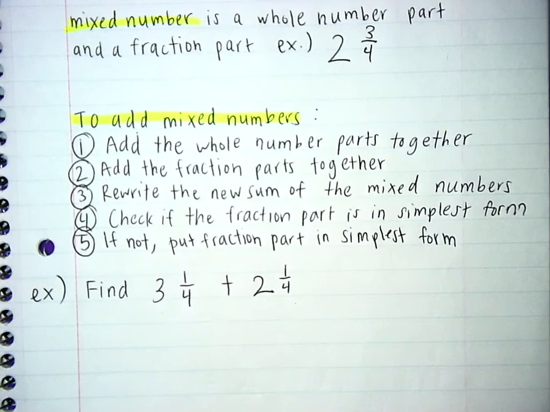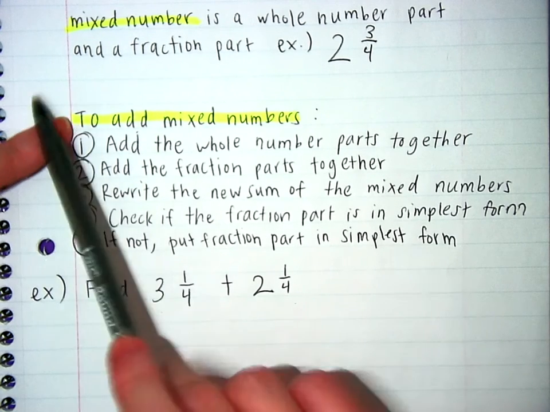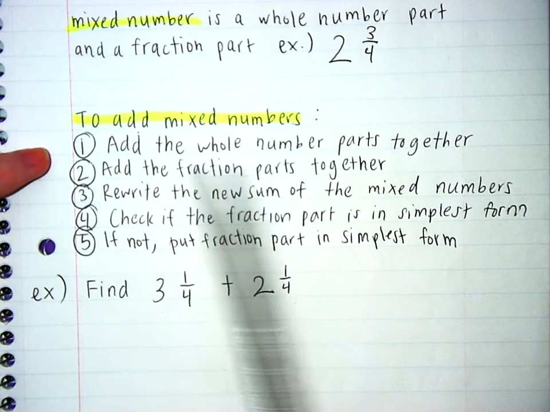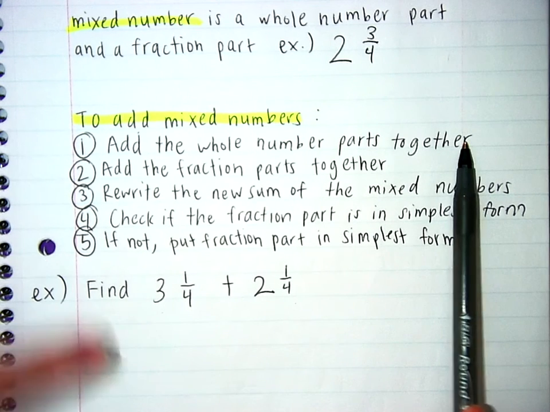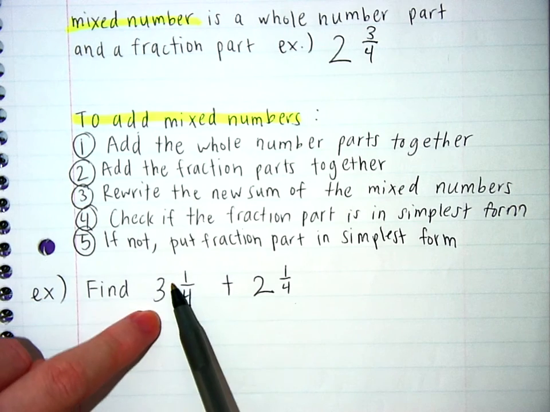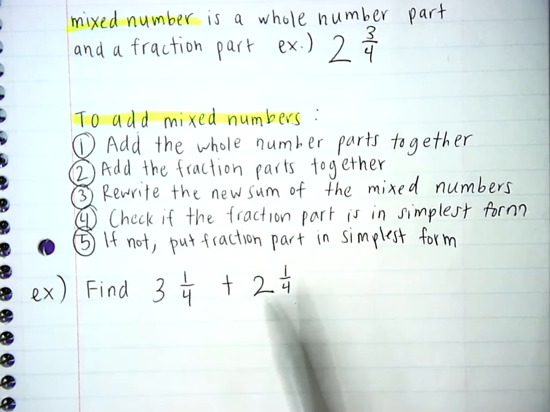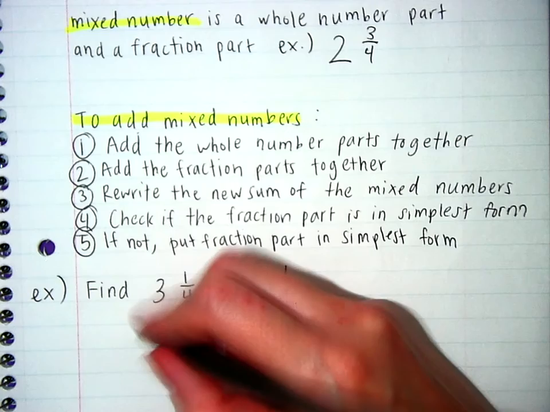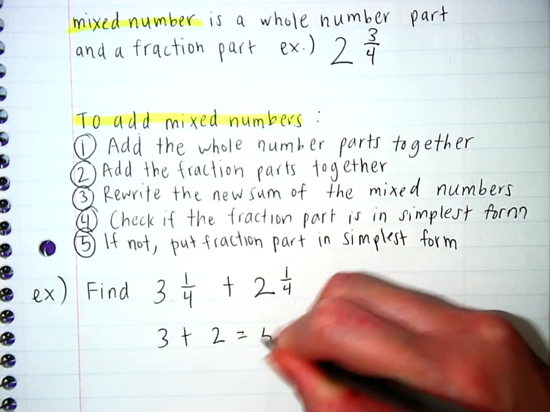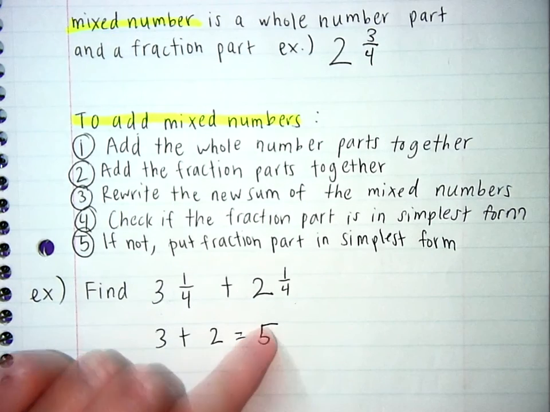If I'm going off of my steps, my first step, let's look at this together. Add the whole number parts together. The whole numbers of these two mixed numbers are 3 and 2. If I add 3 plus 2, I will get 5. So 5 is going to be my new whole number part.